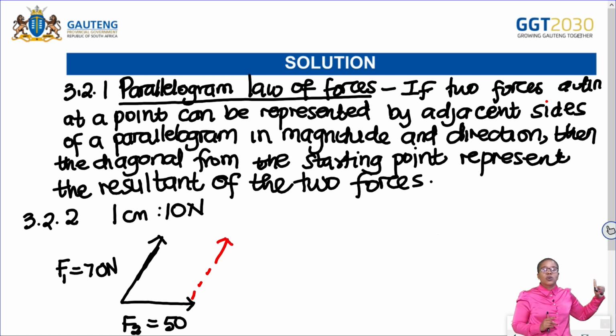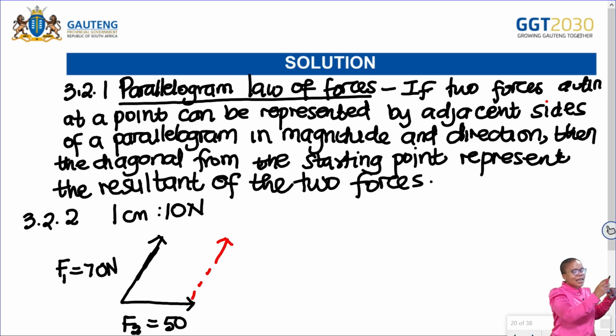It's representing your original force, and this side has to be dotted so that it is just a reflection of your F1. And then your F2 goes up in there. There you are, having completed your parallelogram. So this is the extension of your F2, which is 50 newtons.